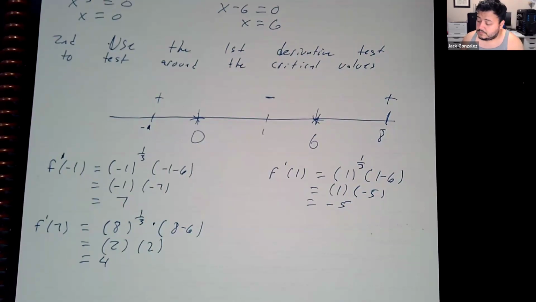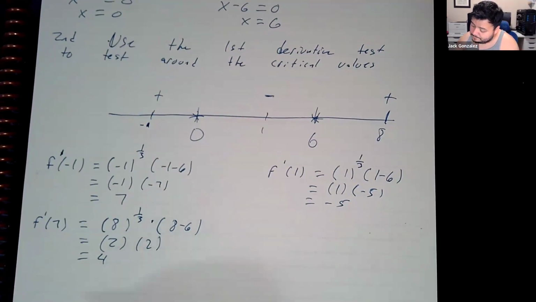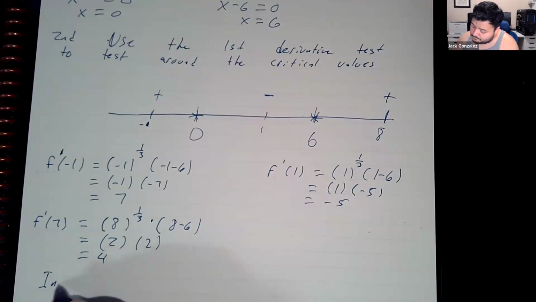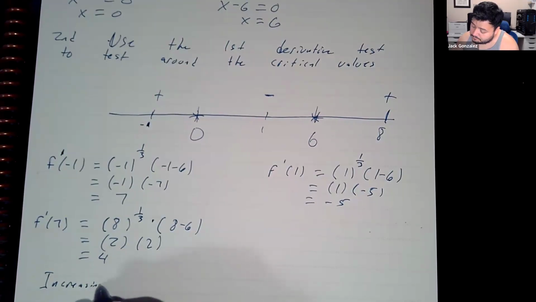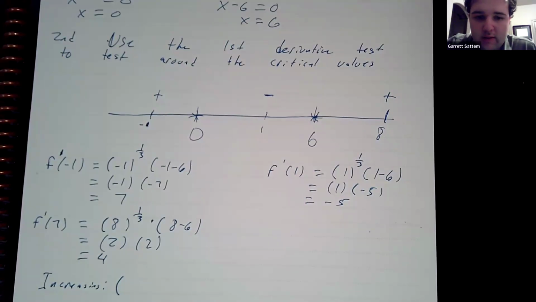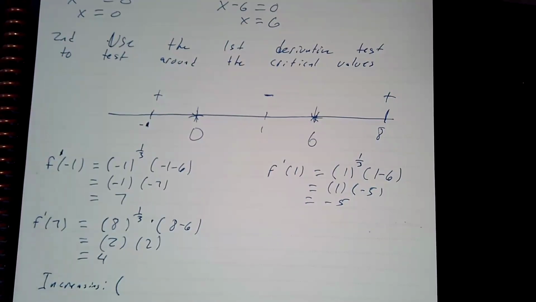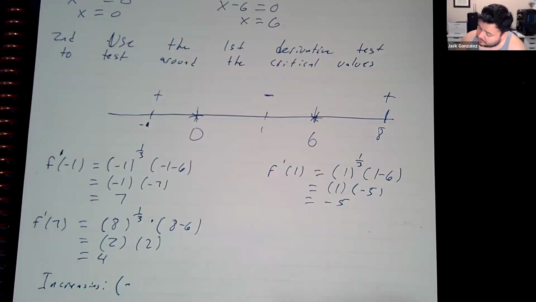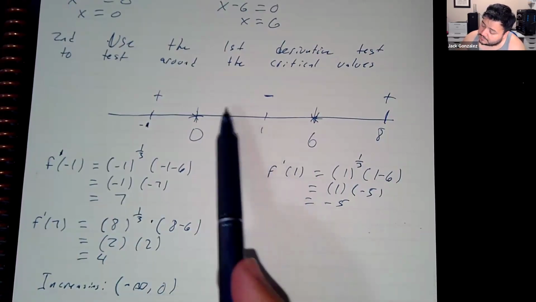Okay, so where are we increasing? We are increasing between negative infinity and 0, all the way up until 0, and then we change and start to decrease.